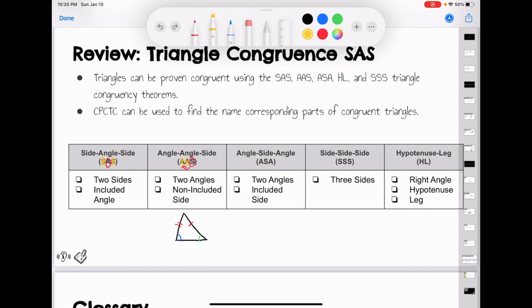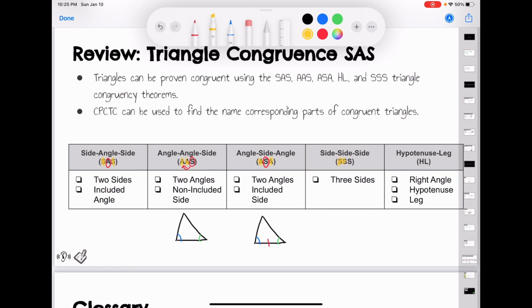Oops, I'm doing the wrong thing, but I will rewrite that. If I wanted to move this over, so if I determine that the same two angles are congruent to each other, then I would need my included side, so this side would have to be congruent to my other angle. So it had to be included, and I know it's included because my S is in between. Okay?